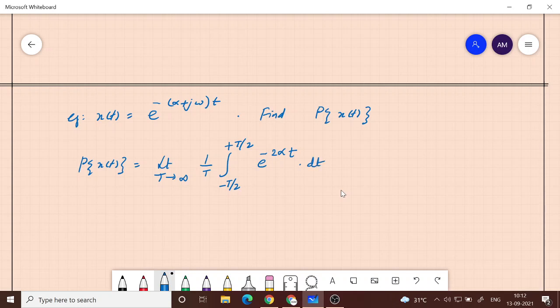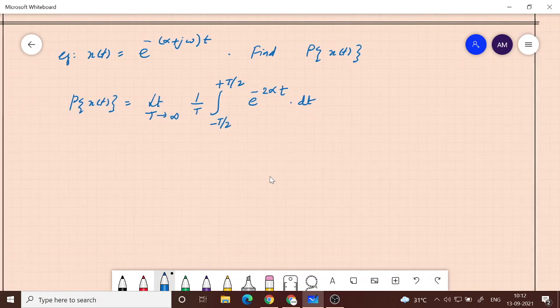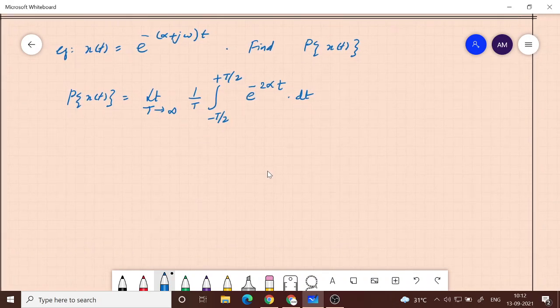I am just omitting some of the earlier steps. Multiplying with the modulus conjugate will get rid of the omega part, and only this part will remain. Now this is the expression you have to evaluate. The question is whether this is a power signal or not. If it turns out to be a finite value when you evaluate the power, then it is a power signal. Clearly it is not an energy signal, we found that earlier.